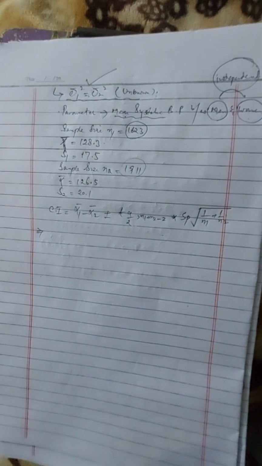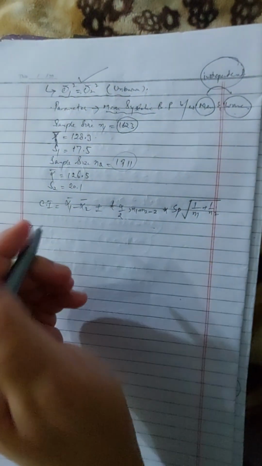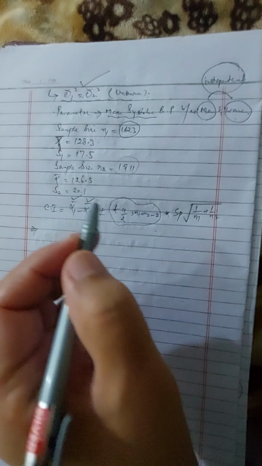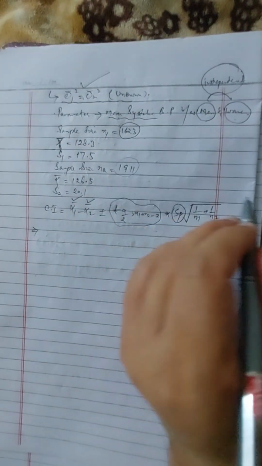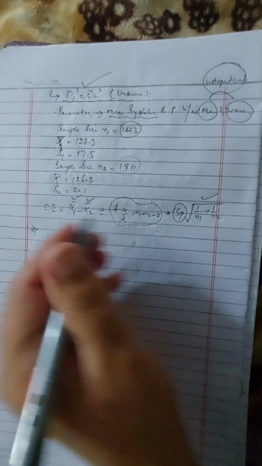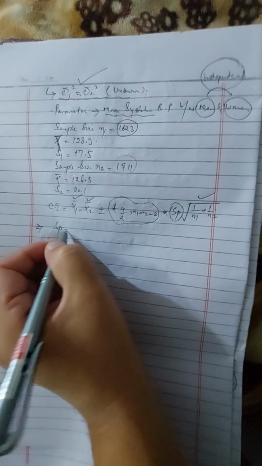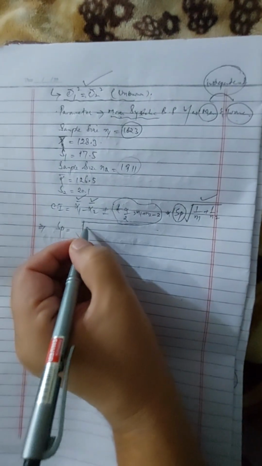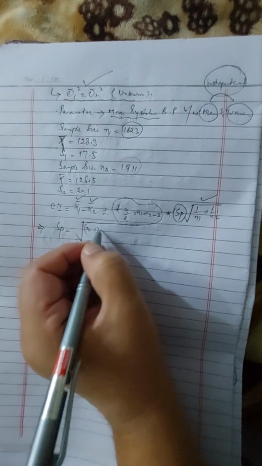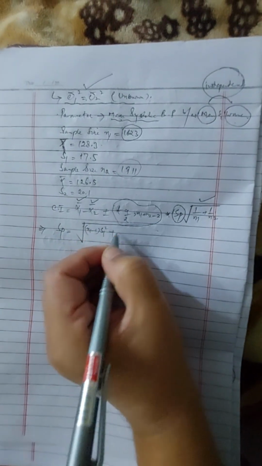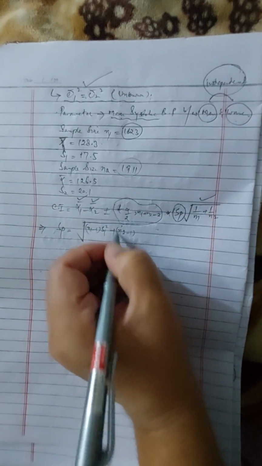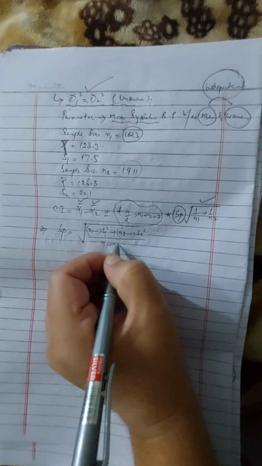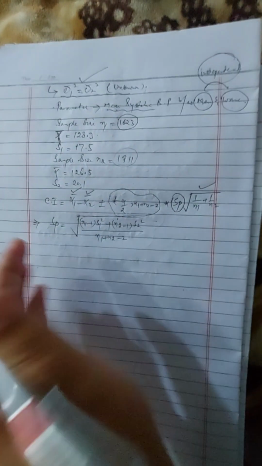We need to find this value from the t table. First of all, finding the pooled variance, Sp squared, which is equal to n1 minus 1 into s1 square plus n2 minus 1 into s2 square, divided by n1 plus n2 minus 2.